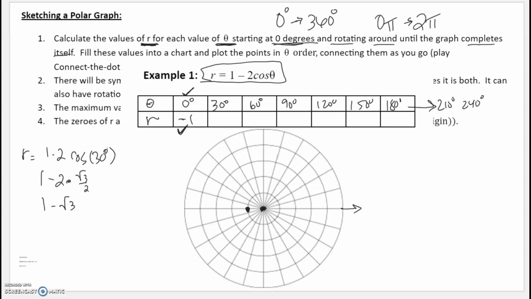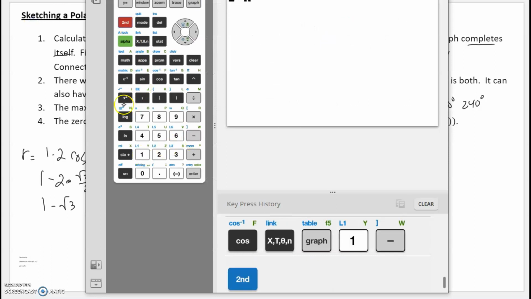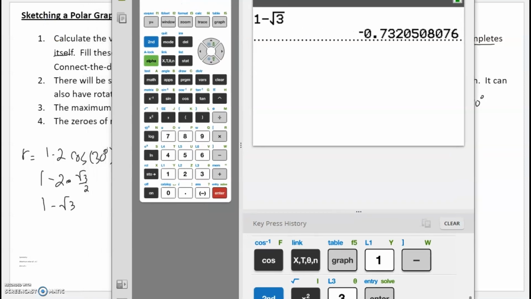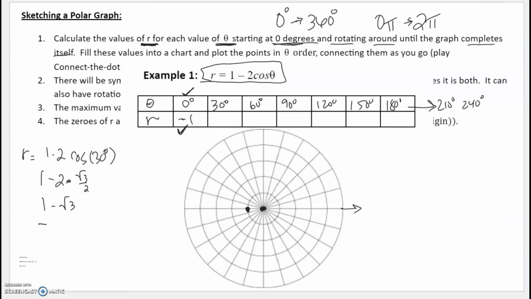I'm going to grab my calculator and ask it, what is 1 minus the square root of 3? And it tells me negative 0.73. Oh, I'm in degrees. Just checking. See, I am in degrees. So negative 0.73.